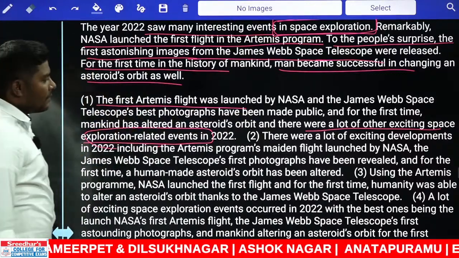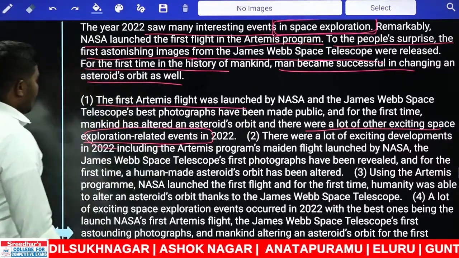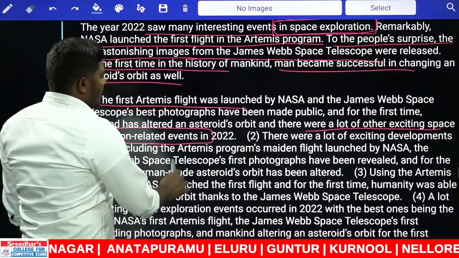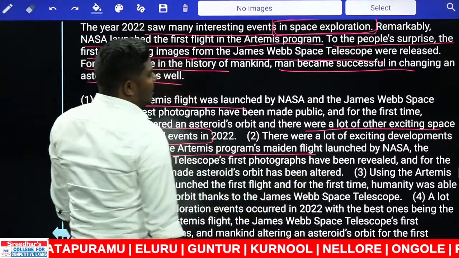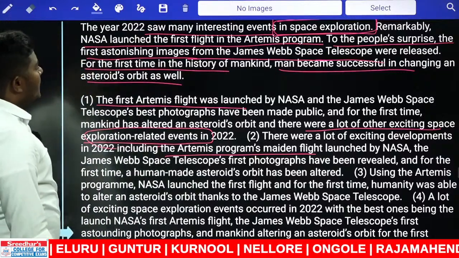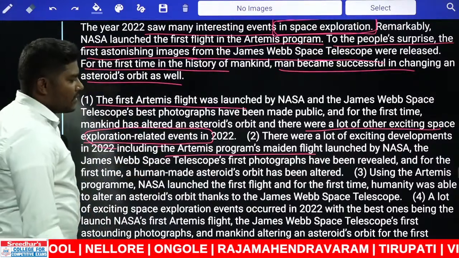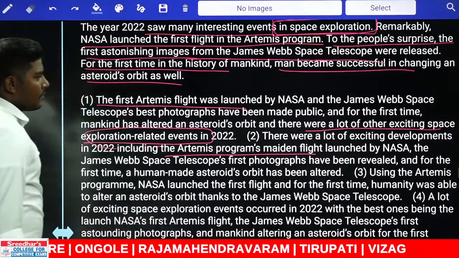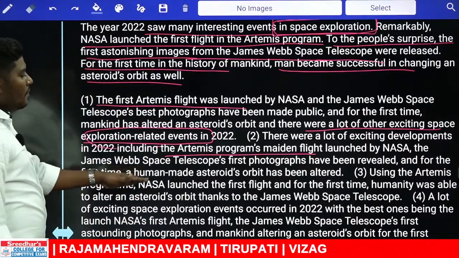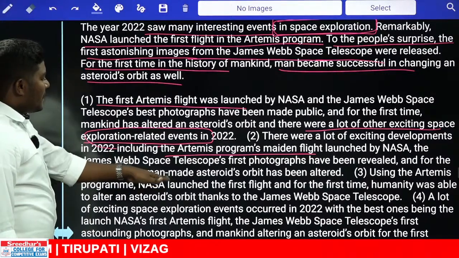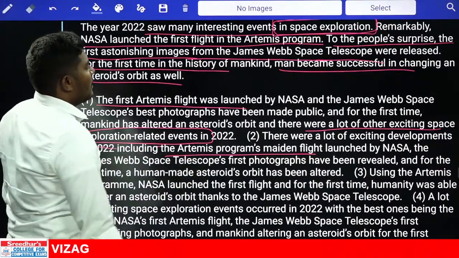Let us look at the second one. There were a lot of exciting developments in 2022, including the Artemis program's maiden flight launch by NASA. Maiden and first, both of them are the same. The James Webb Space Telescope's first photographs have been revealed. And for the first time, a human-made asteroid's orbit has been altered.